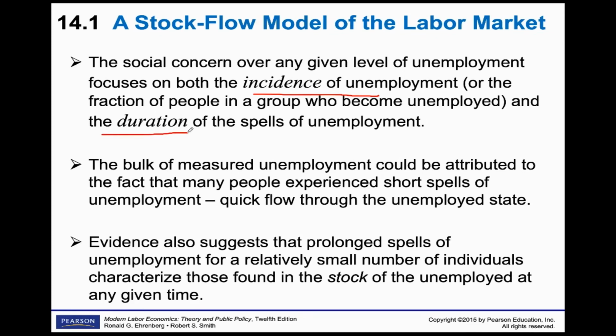So we need to tackle these 2 concerns. Who are those involved in the incidence of unemployment and how long are they in that state? Definitely, we want to shorten the duration of the unemployment. The rest of the slide explains the importance of measures, and by measures here, policies, right? Policies need to know the incidence and also need to reduce the duration.